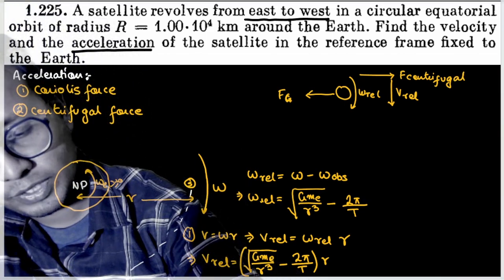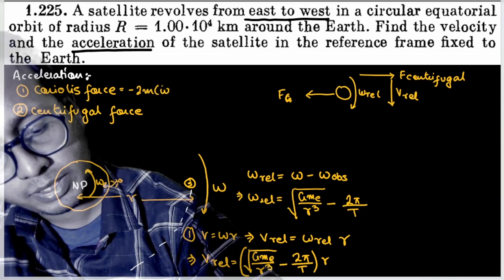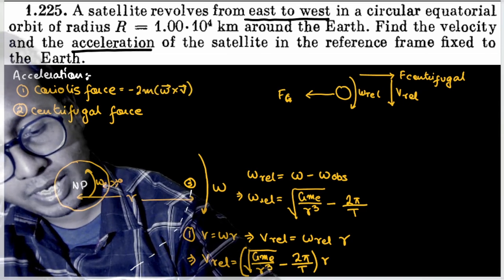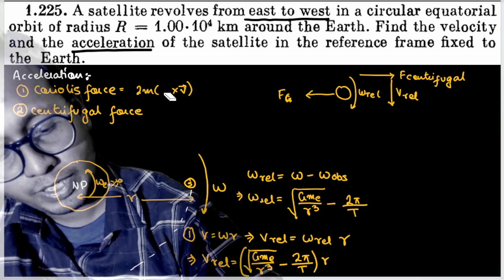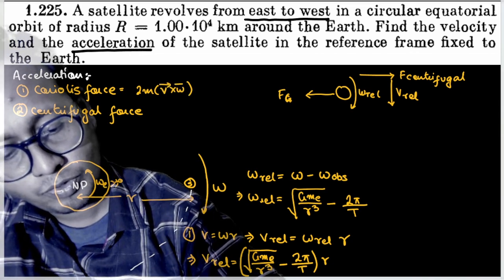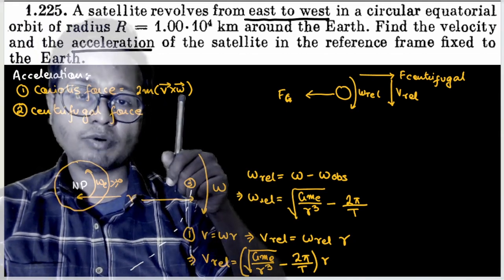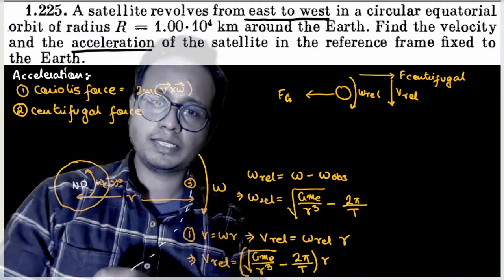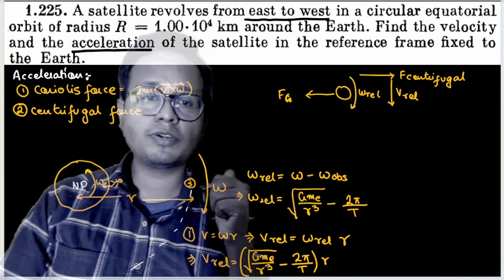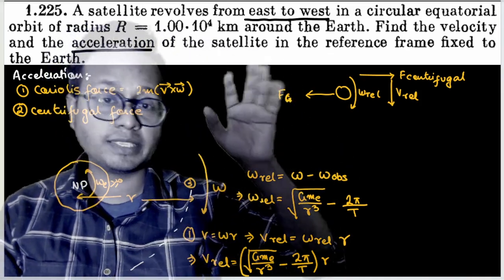What is the formula for Coriolis force again? Minus 2m omega cross v, isn't it? And if I remove the minus, you have to do v cross omega, where v was the velocity of the object relative to the frame, and omega was the angular velocity of the frame. Now if I do v cross omega, the satellite is moving in the downward direction. Remember, this is my right hand, the screen might be mirrored.